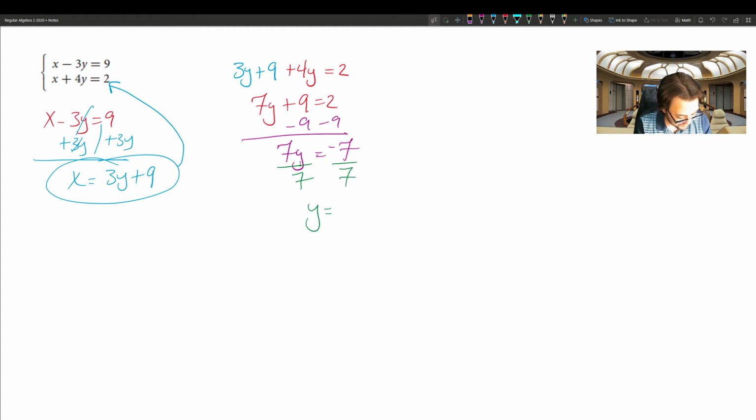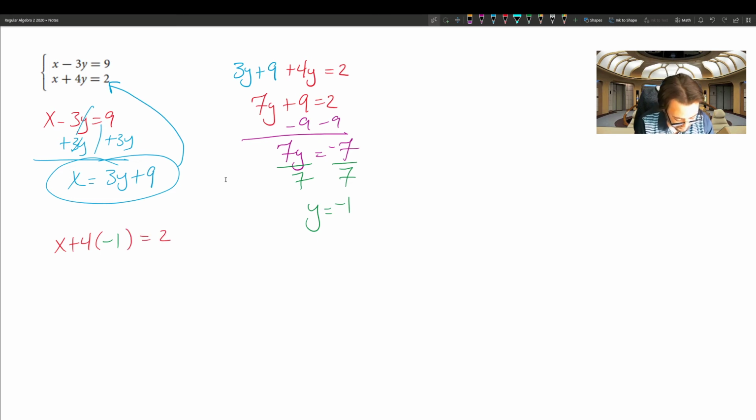And y equals negative 1. Again, I can choose either equation. Just for fun, I'm going to pick the bottom one again. Hey, why not, right? So here we go. x plus 4, and then my y value was negative 1. And I'm color coding it just so you can kind of see where I'm putting things.